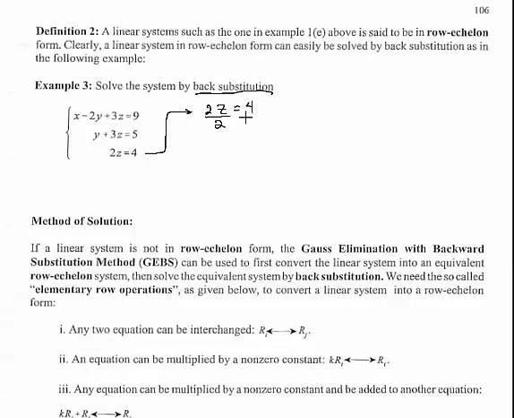If I divide both sides by 2 here, I figure out one of the numbers, z. z equals 2. Now I take that result and I plug it into the second equation, which only contains 2 variables, a y and a z, but I already know what the z is. So I take the second equation and I plug in the number for z, and now I have another equation with only one variable.